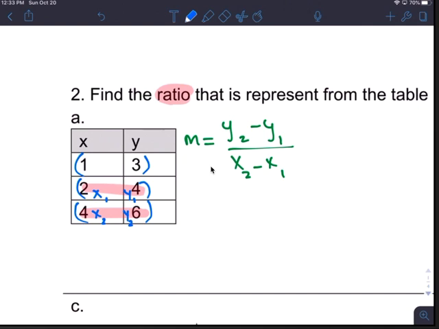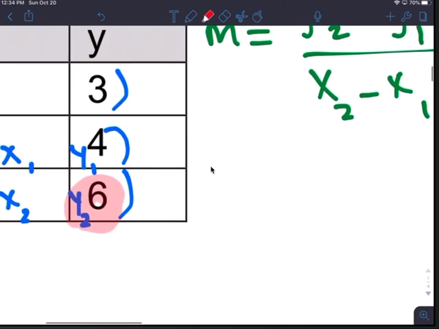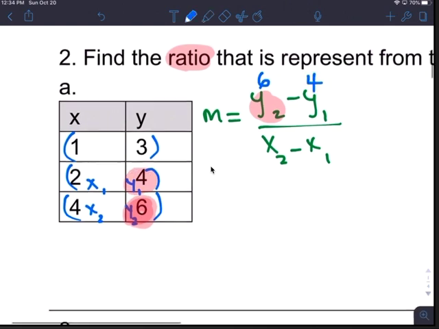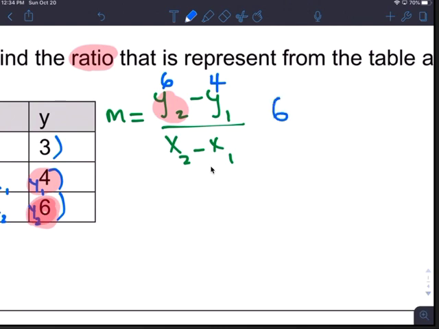Okay, so y sub 2 here is 6. See, y sub 2 says 6. So where y sub 2 is, you put the number 6. And y sub 1, right here, you put the number 4. So you have the problem of 6 minus 4, which is 2.